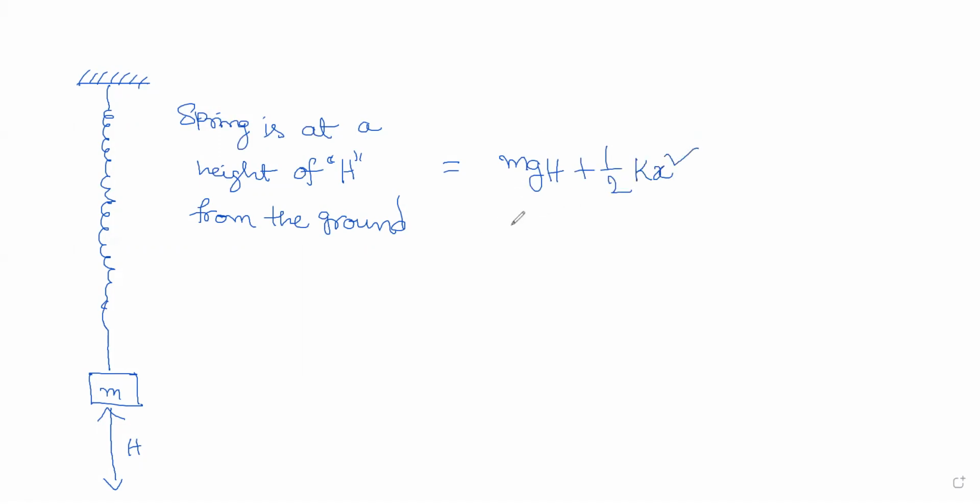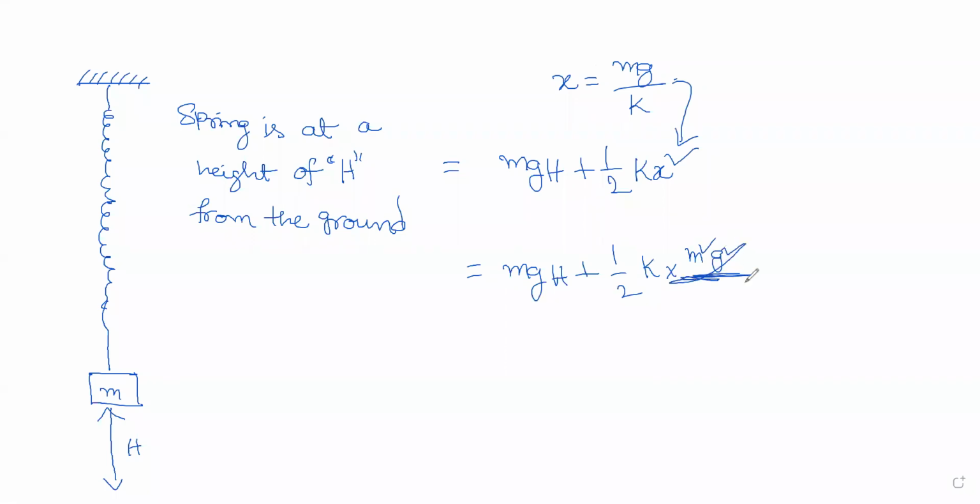But now we have derived the equation. What is half kx square? x is equal to mg by k. When you substitute, this is the total potential energy of the spring: mgh plus half k into m square g square divided by k square.